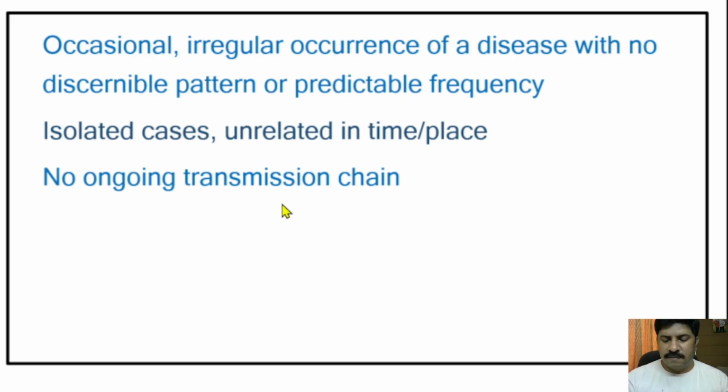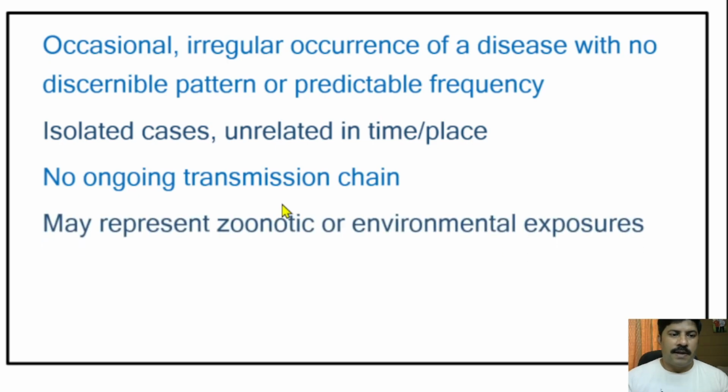Unidentified transmission chain will be there. May represent zoonotic or environmental exposures. So there will be some possible exposure, zoonotic or environmental. Sometimes birds or animals may spread this disease, but there will not be specific information regarding that exposure.